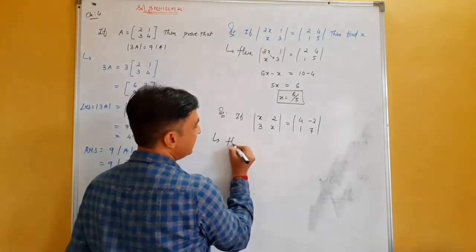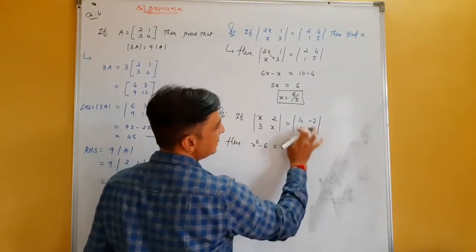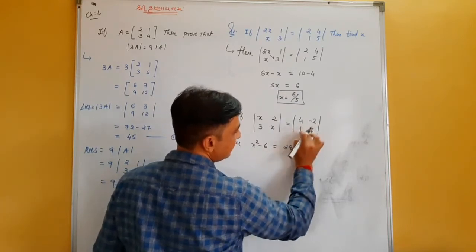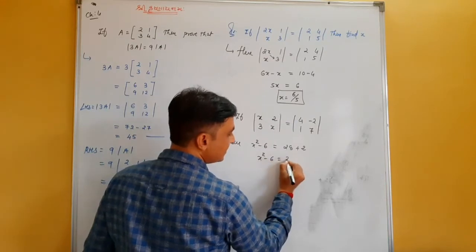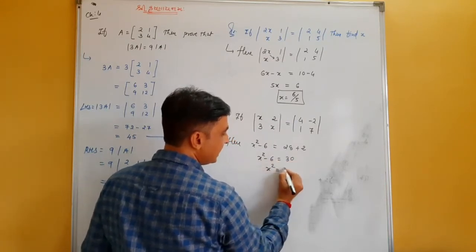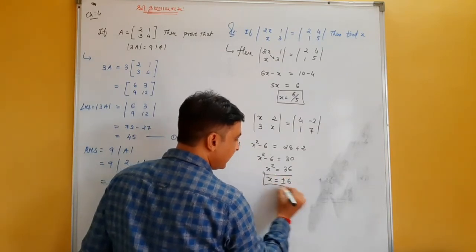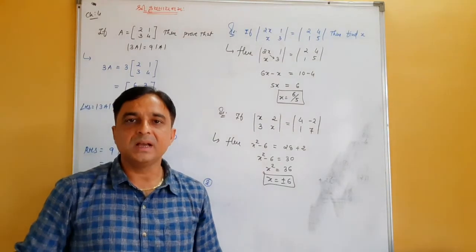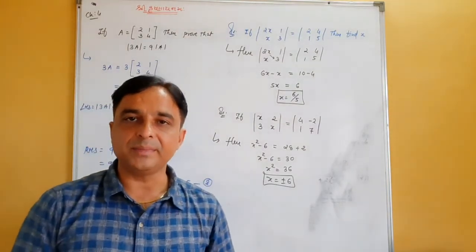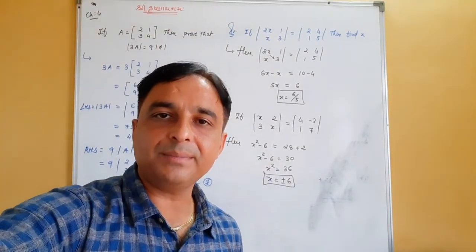So here this is x square minus 6, equal to 7 fours are 28 plus 2. x square minus 6 equal to 30. x square equal to 36. x equal to plus or minus 6. This is the value of x. It's a comparison of determinants. Clear? Let's see the next example.